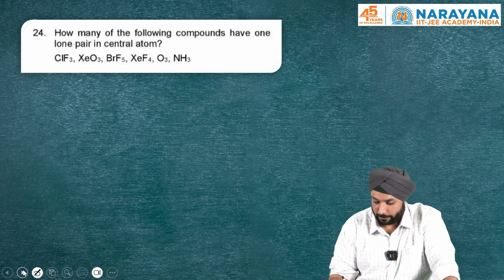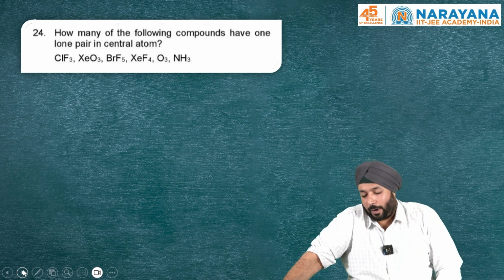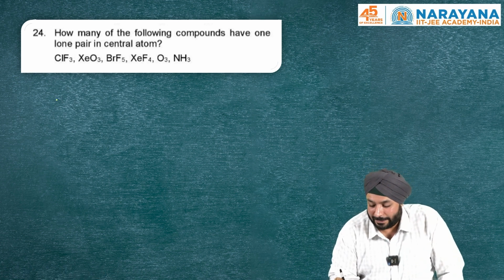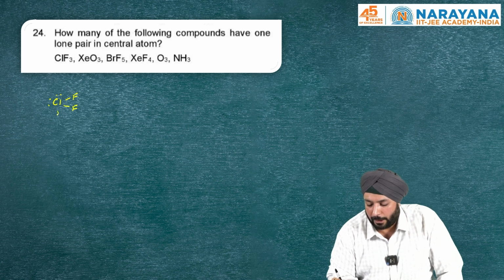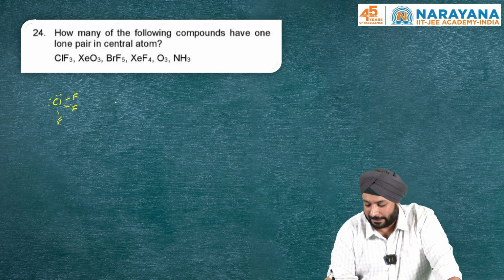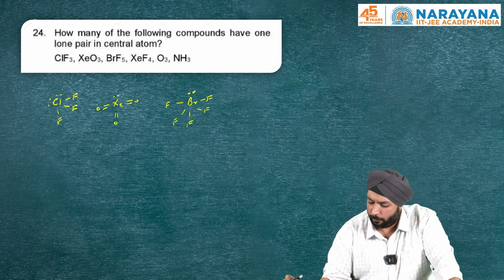So we'll move ahead. In question number 24, how many of the following compounds will have one lone pair in the central atom, right? Now ClF3, if you draw normal bonding only without drawing the actual molecule, you'll get this answer. Xenon, BrF3, one lone pair will be left, 5 electrons will form a bond with fluorine.